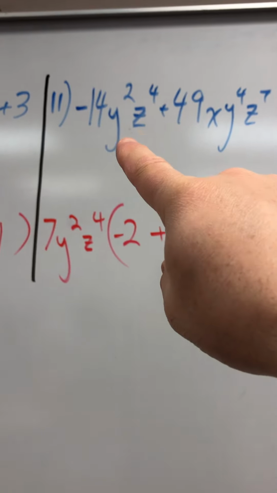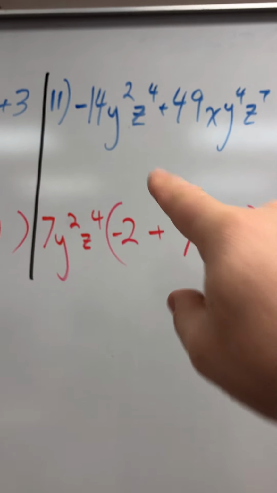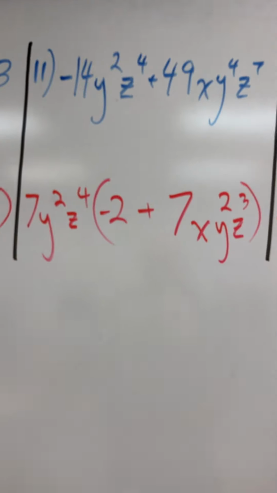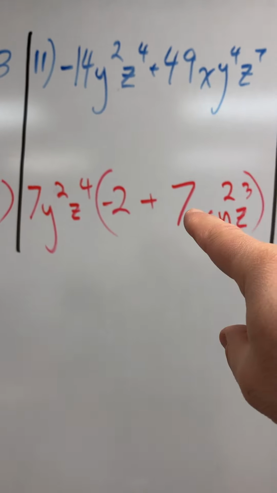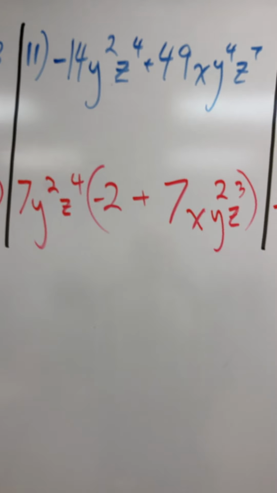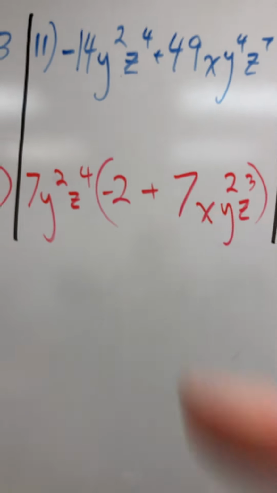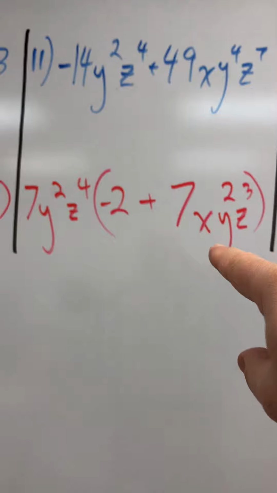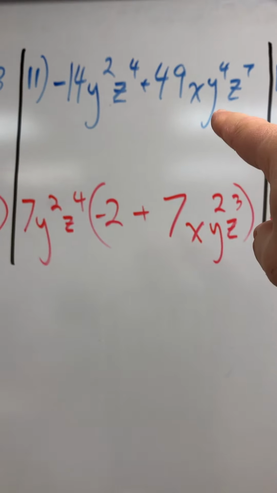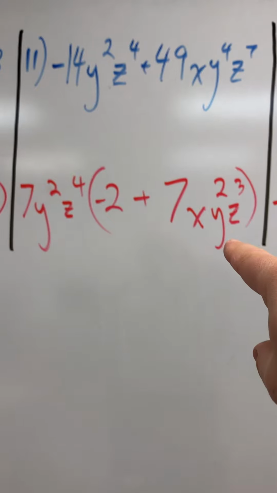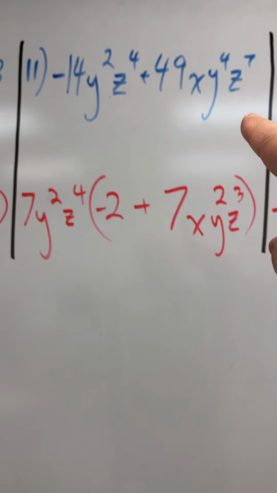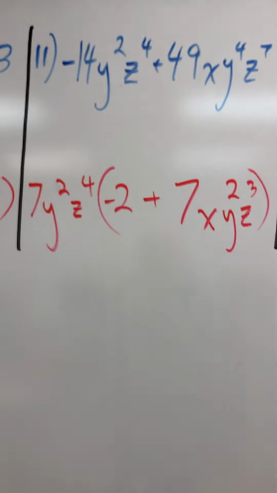I took out y squared, I took out z to the 4th, so I'm just left with the negative 2. I took out 7, I'm left with 7, because 7 times 7 is 49. I didn't take out any x's, so the x stays put. I took out y to the second, so from y to the 4th, I'm left with y to the second. I took out z to the 4th, so I'm left with z to the 3rd. Done.